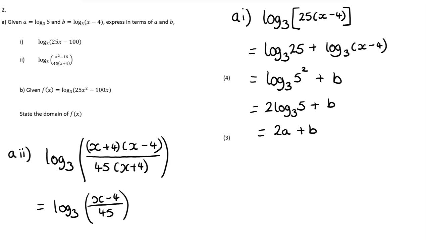And then I'm going to use the fact that log a over b can be written as log a minus log b, to obtain the following. Yet again, we realise that log to base 3 of x minus 4 is just b here. So that will be simple enough to replace. But log to base 3 of 45, at the moment, that's not got a 5 there.